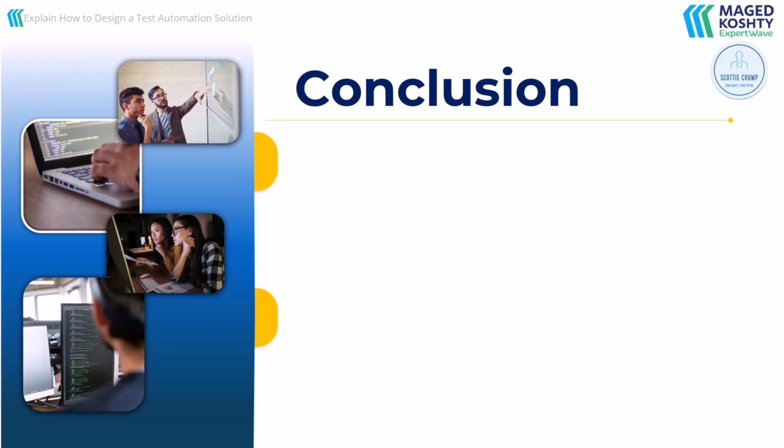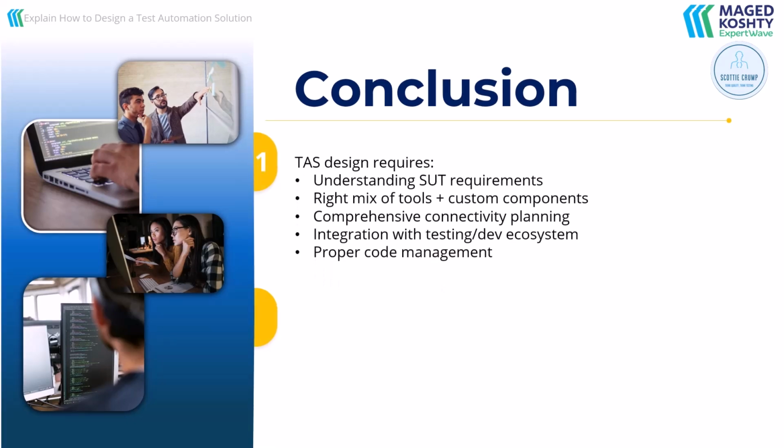So to wrap things up, designing the test automation solution is about much more than just picking a tool and writing some scripts. It requires a thoughtful approach that considers the specific requirements of your SUT, the right mix of tools and custom components, all the connectivity and interface requirements, integration with your broader testing and development ecosystem, and proper code management practices.